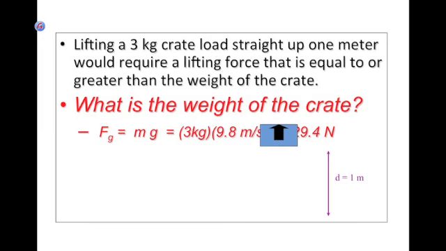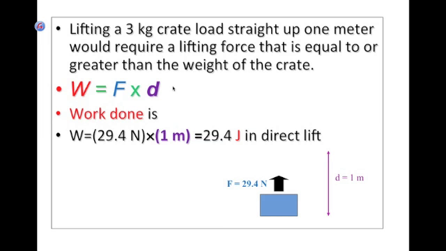Now, if we lift the crate straight up, so the distance moved is 1 meter, then we can use this work formula and drop 29.4 in for the force and 1 meter for the distance, and find that it takes 29.4 joules of work to lift this crate directly upward.